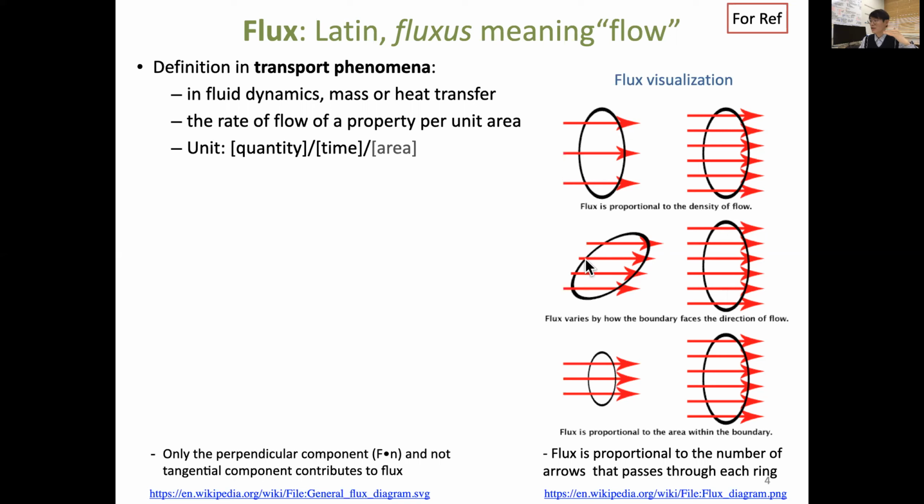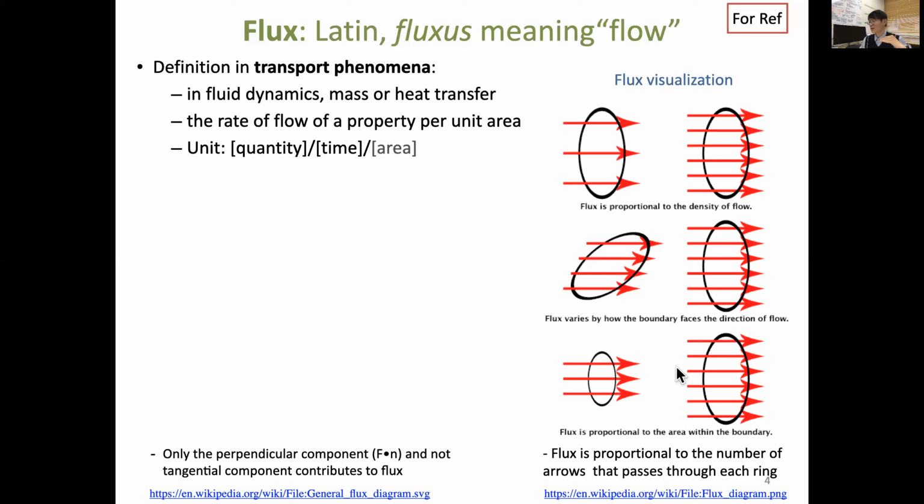However, this area becomes tilted, so we can see 4 photons pass through per unit time through this area, while here 6 photons pass through. So even if the density is the same, the angle of the boundary facing the direction of flow matters. So flux varies by how this area faces with respect to the direction of the flow.